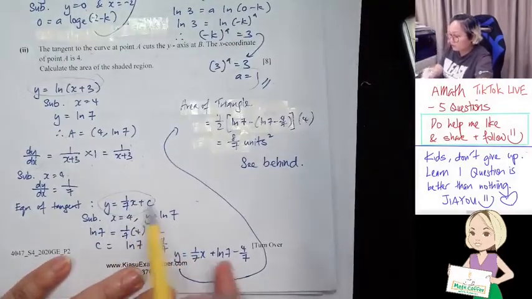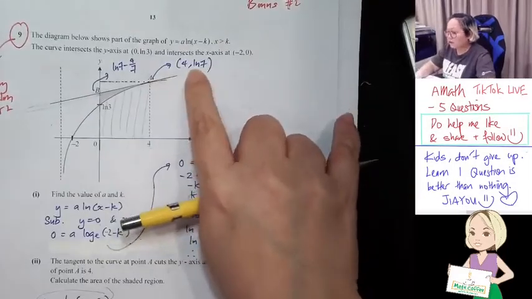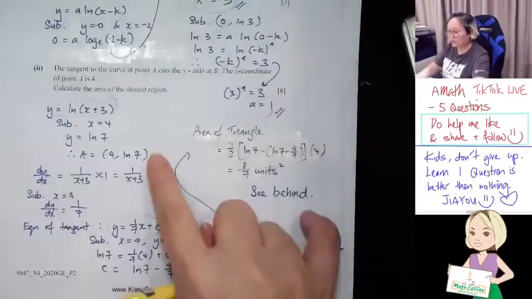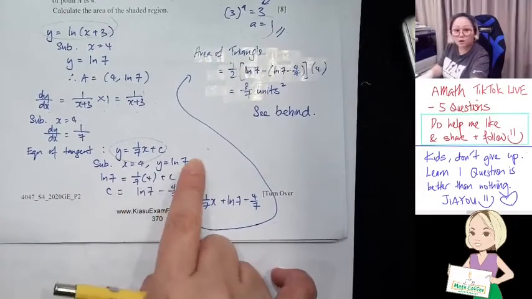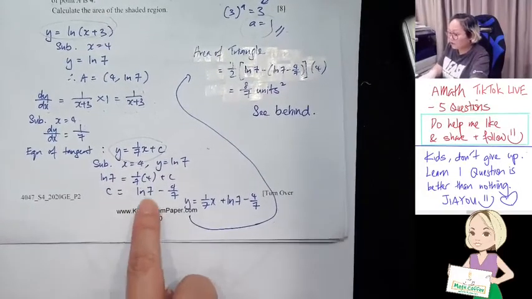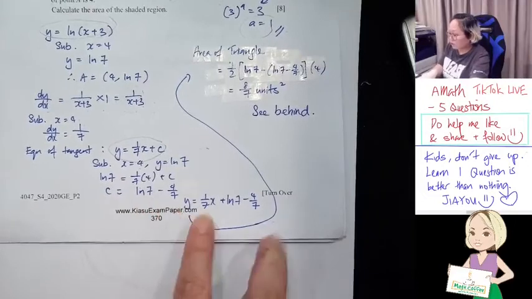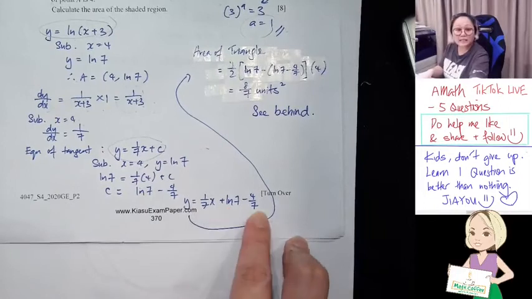Then you only have one point on this curve, which is (4, ln 7), point A that we found just now. So I sub in x equals to 4 and y equals to ln 7, and then I will find that my c is ln 7 minus 4 over 7. So the equation of the tangent line is y equals to 1 over 7 x plus this.